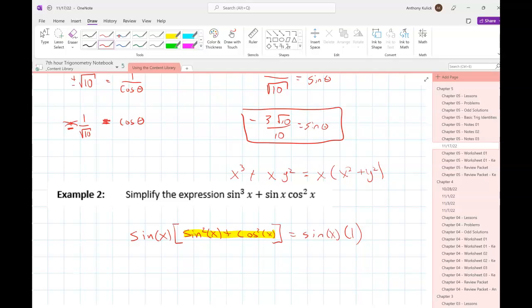What's sine x times 1? Sine x. And that's as good as you're going to be able to do because you got it down to one thing.